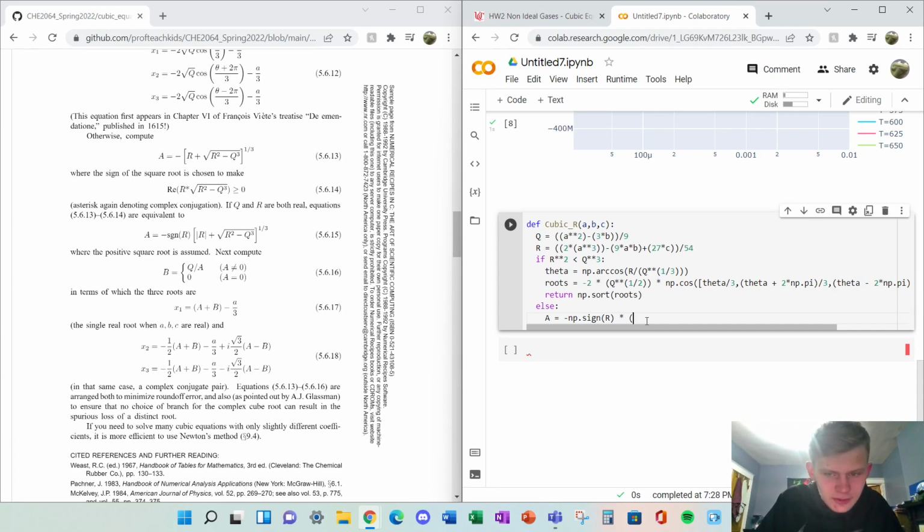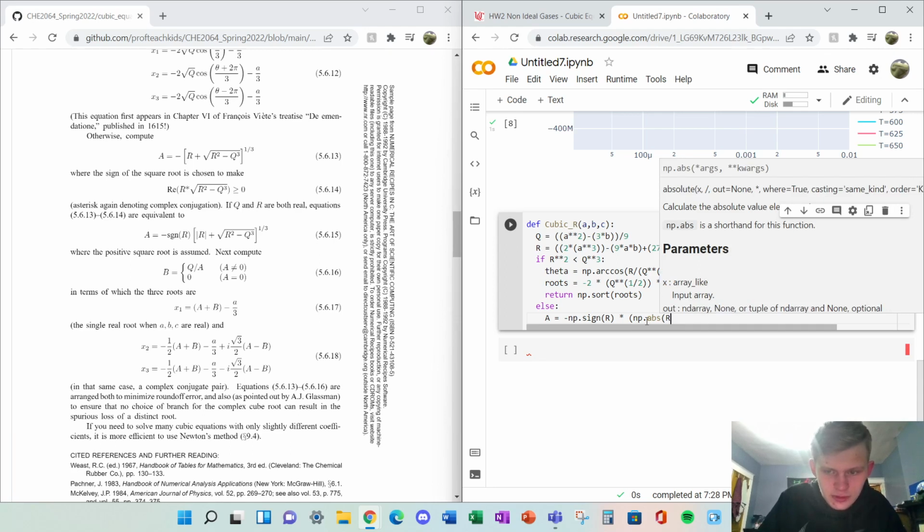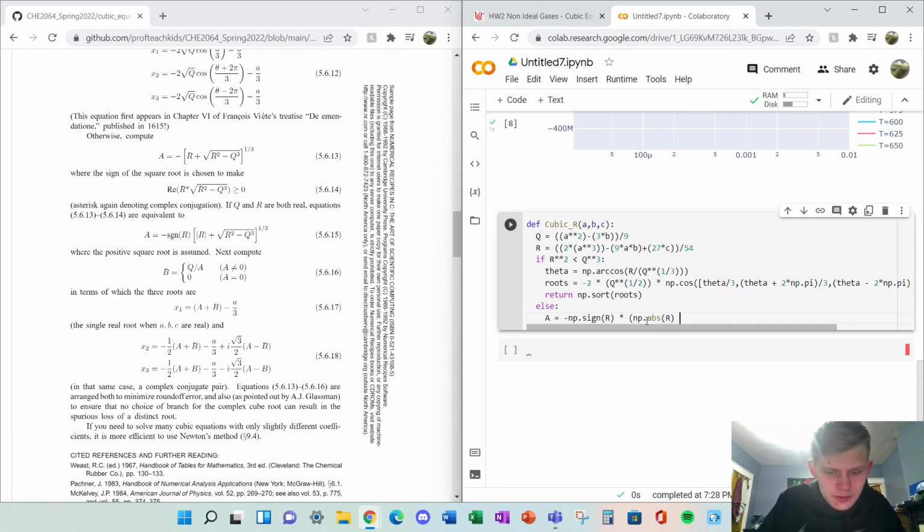Not sure why I'm struggling with this, so it's just going to be absolute value of r plus our r cubed minus our q value, which is cubed. We're going to separate these two things off. Sorry, I'm just trying to redo my work here. That's going to be to the 1/2.